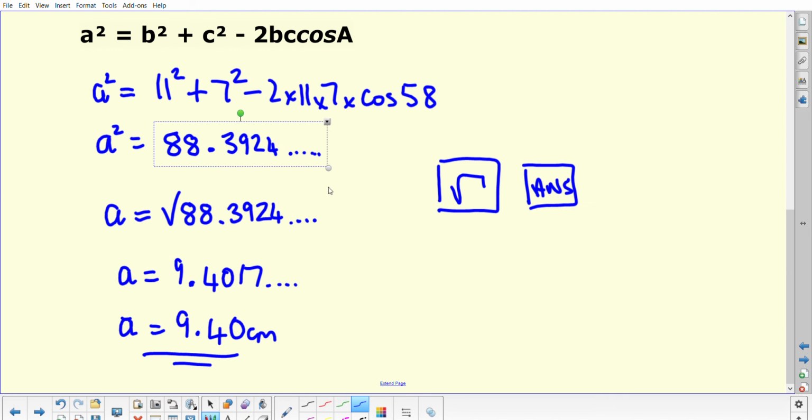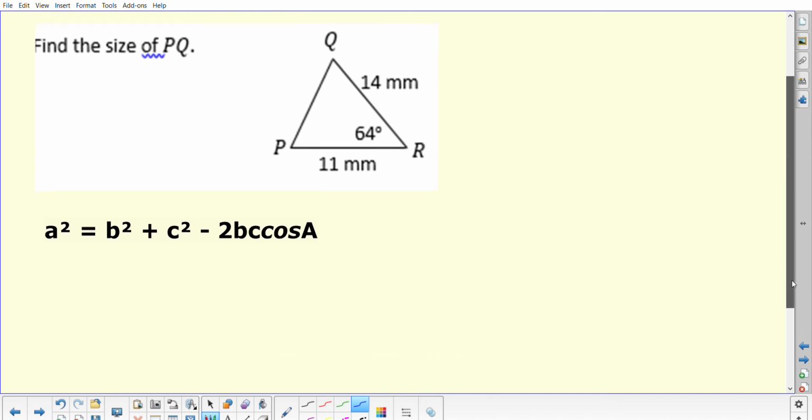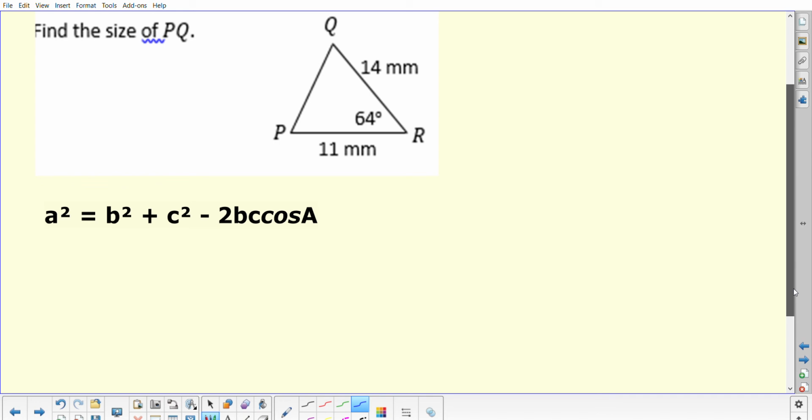When you get that in your answer, you will be pressing the square root symbol followed by the ANS button, which is next to the equals button, and it means you don't need to write all that out again.